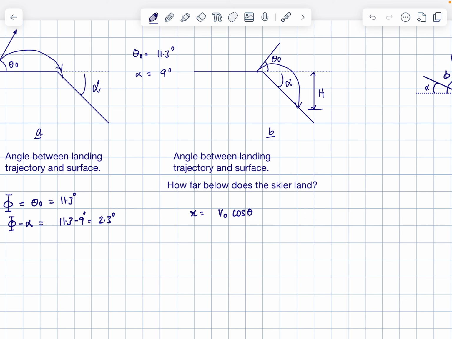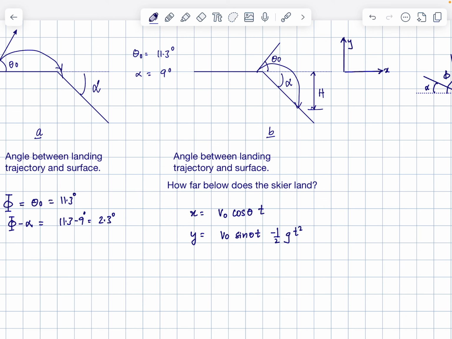Instead of writing theta 0, for the sake of brevity, we'll use just theta. So x equals v0 cosine theta times t, and y equals v0 sine theta t minus half g t squared. Okay, where x is in this direction and y is positive in the upward direction.